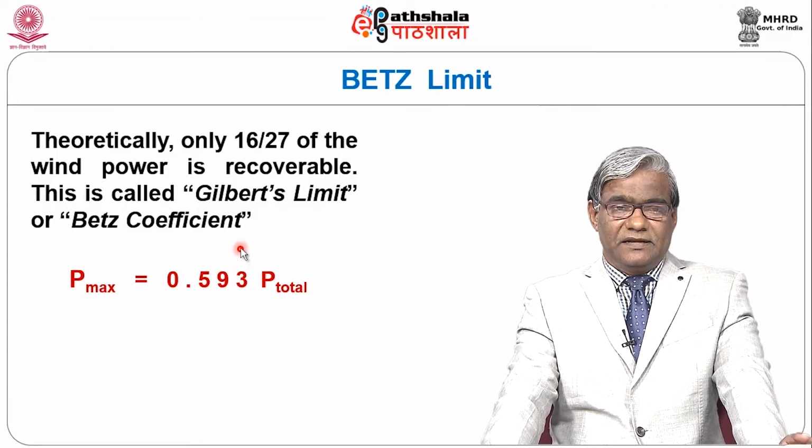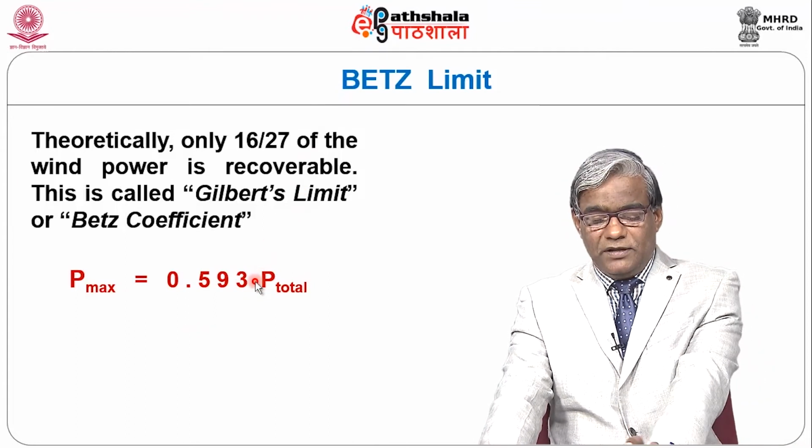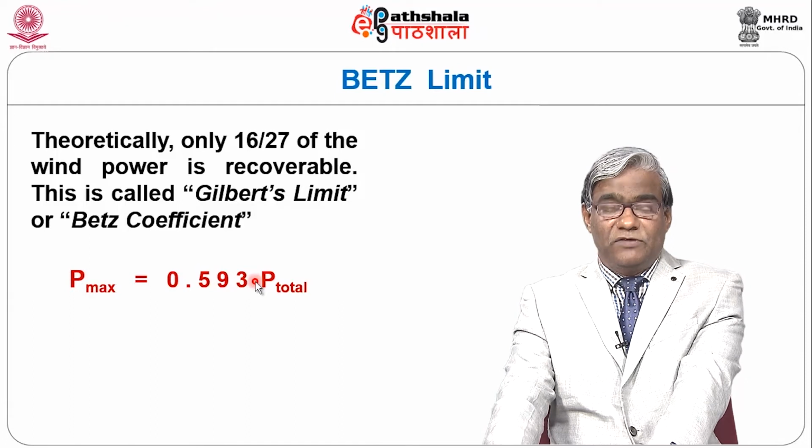That is the theoretical output, beyond which no wind turbine can give output. Practically, even if you achieve 40%, it is great. So 59.3% is the maximum output that could be recovered from the wind resource.